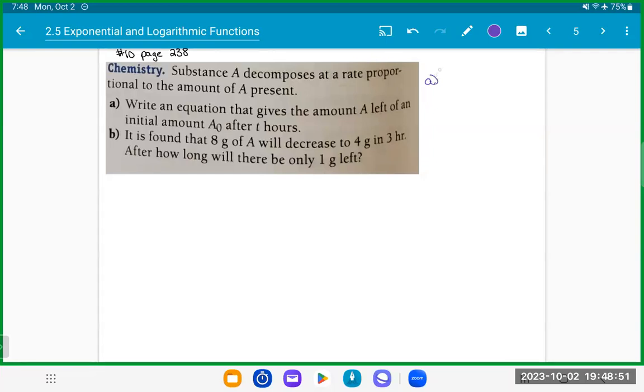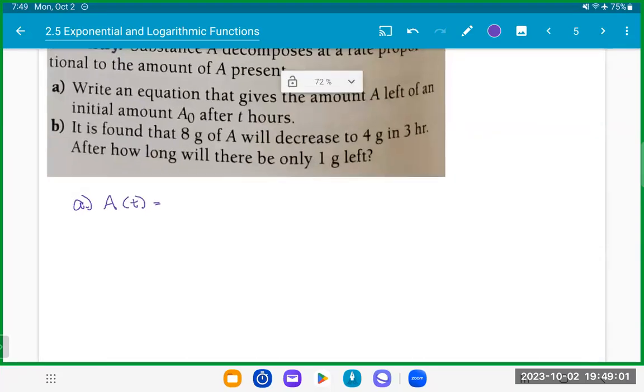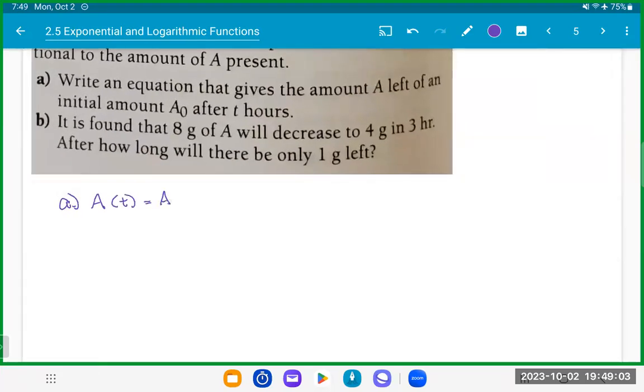So our equation is really going to just be our A of t. I'm going to actually write it down here. A of t is equal to our initial, or A naught, times e to the negative kt. Okay? So in part B, we've written our equation.